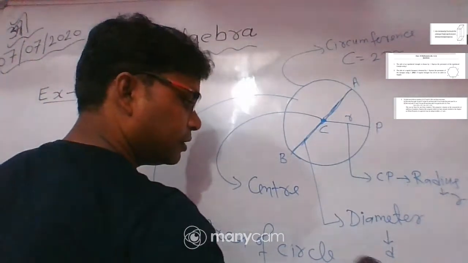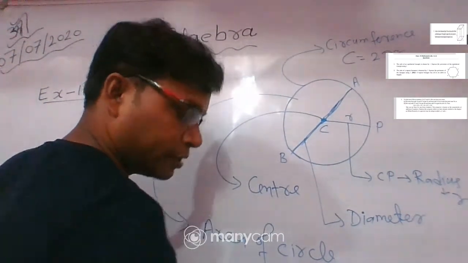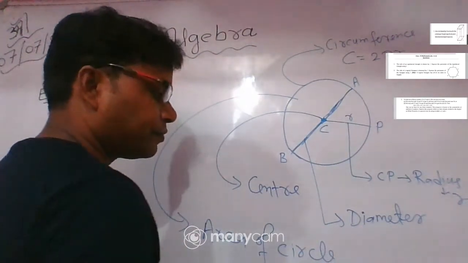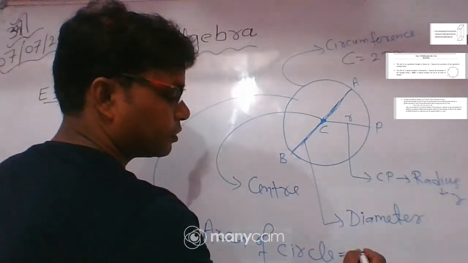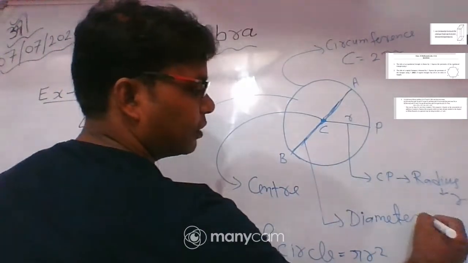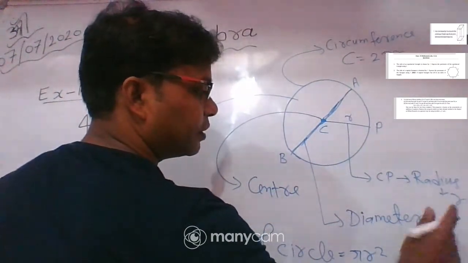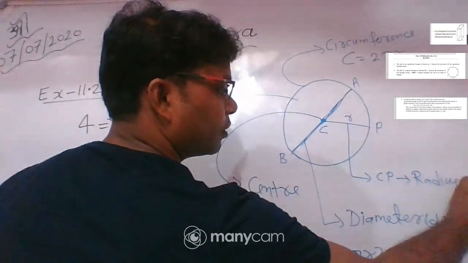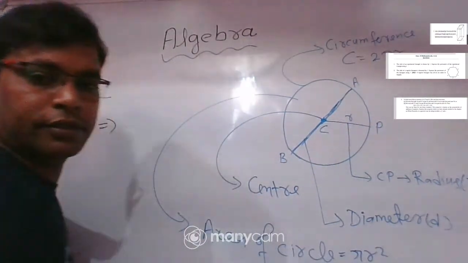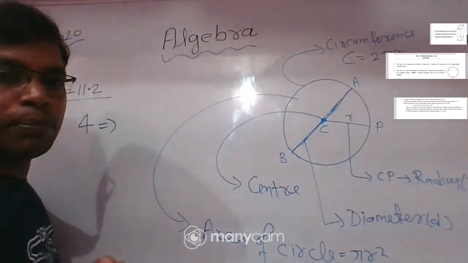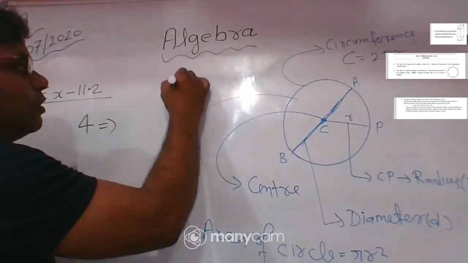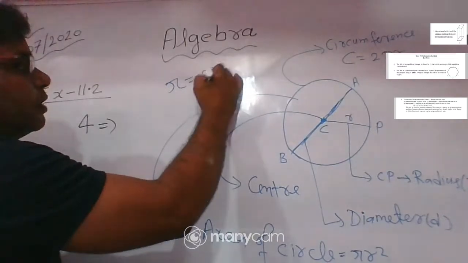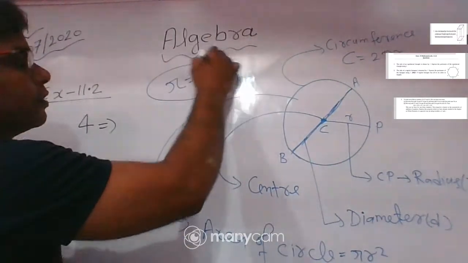Area of circle is equal to pi r square. This is d, you can see the diameter. Clear? And the value of pi is 22 by 7. Clear?